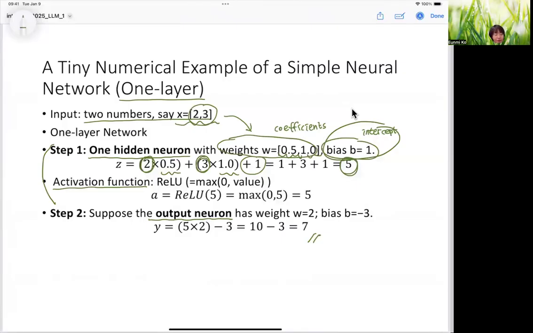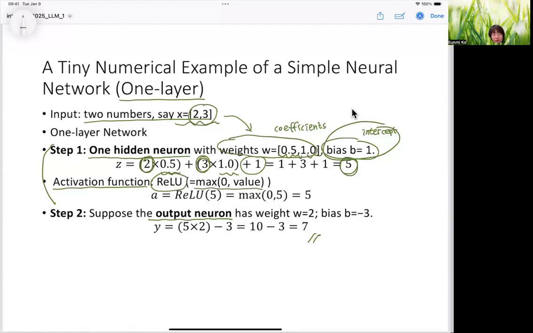And then at the end of this neuron, we decide whether we want to activate this neuron or not. The activation function can be anything, but usually we use the ReLU function, which is just a maximum function.